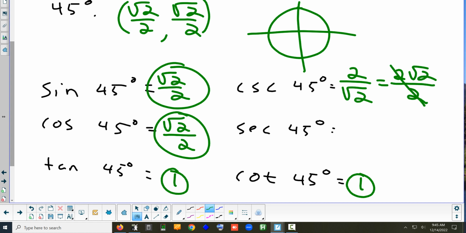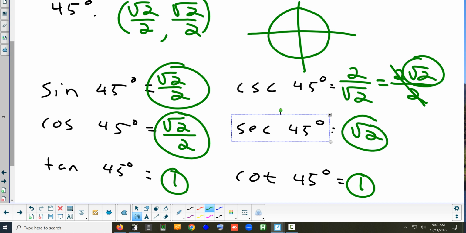But then those 2's would cancel. So all you're left with there is the square root of 2. And how about the secant? Yeah? Same thing, because the sine and the cosine were the same. So they are the 6 trig functions of 45 degrees.